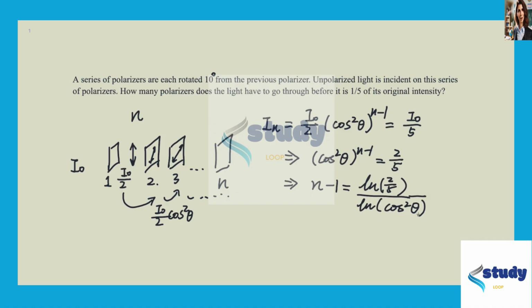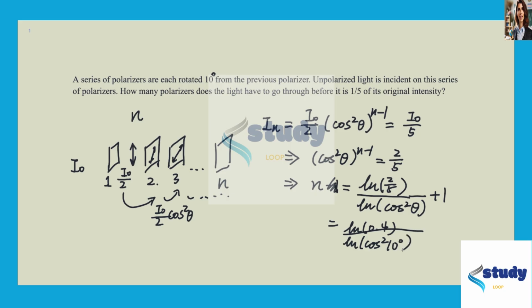Now we can rearrange it so n equals this plus 1. It was originally n minus 1 on the left hand side, so we move the 1 to the right hand side. Now we plug in all the numbers: ln of 0.4 over ln of cosine squared 10 degrees, plus 1.